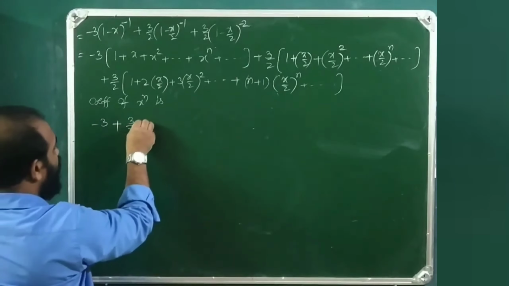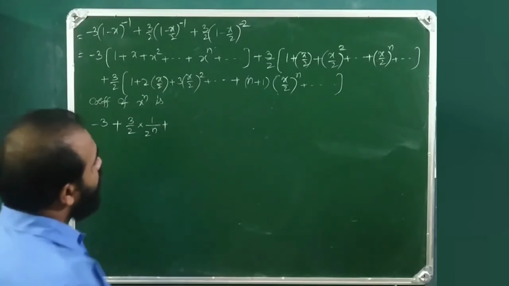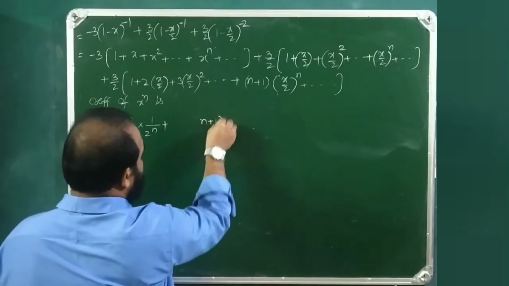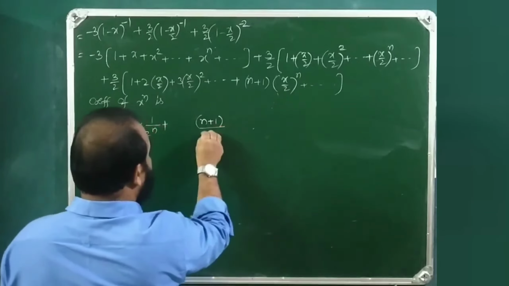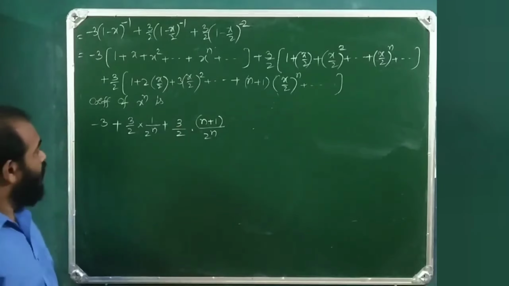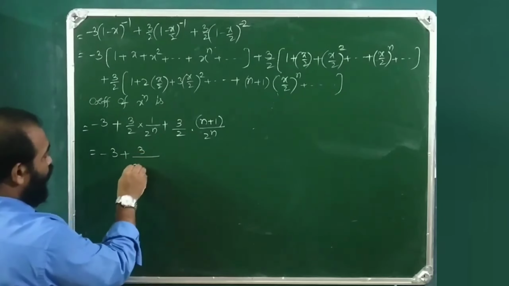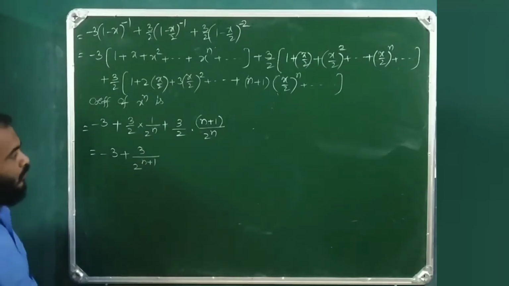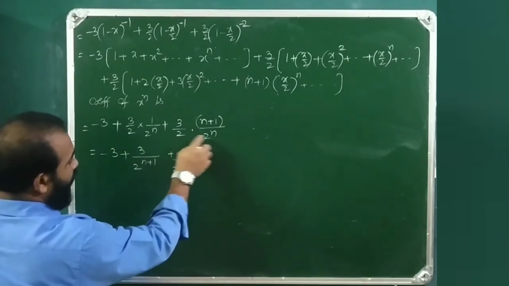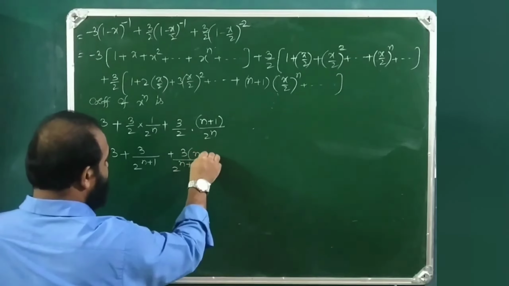So 3 by 2 into 1 by 2 power n plus, so this x power n coefficient is n plus 1 by 2 power n into 3 by 2. So this is equals to minus 3 plus 3 by 2 power n plus 1, plus 3 by 2 power n plus 1 into n plus 1.